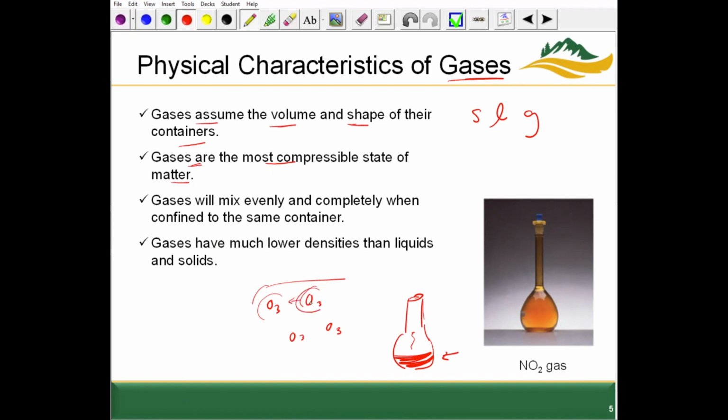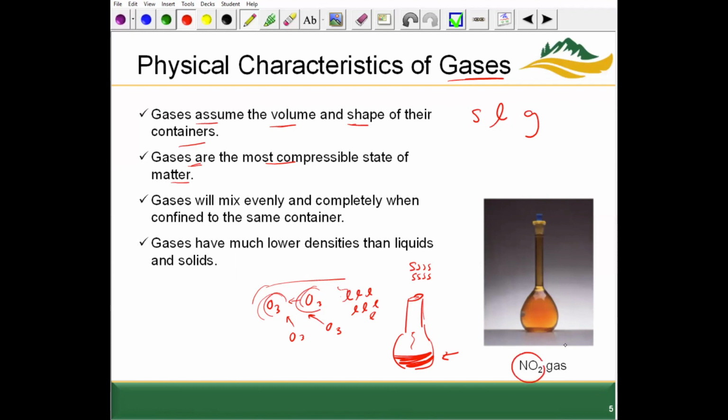So we can force this ozone molecule to be closer in proximity to this one as well. But for a liquid or a solid, the particles are already somewhat close to one another. So like liquid particles are already somewhat close to one another. They're not as compressible as gas particles. Solids are even closer to one another compared to liquids and then compared to gases.